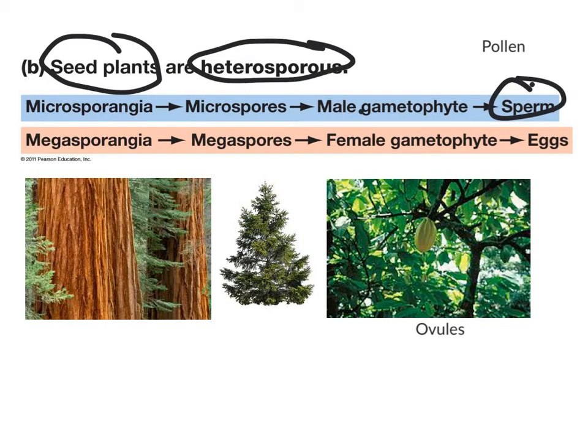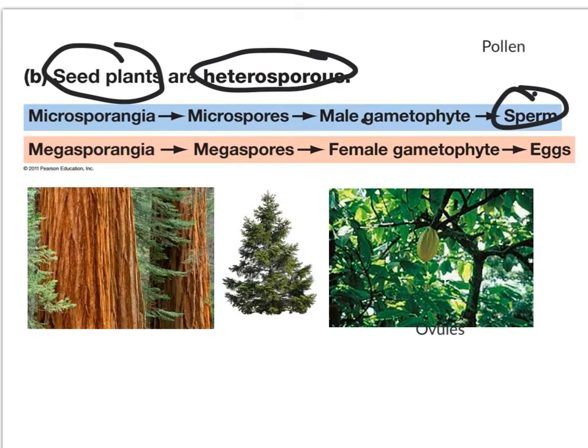Now, and then as far as the female, they have megasporangia, that means large. Megaspores, large spores, and then a female gametophyte, which the actual gametes are eggs. Okay.